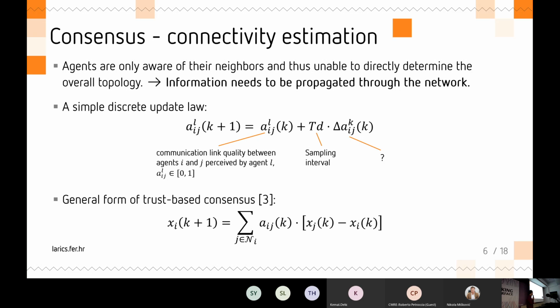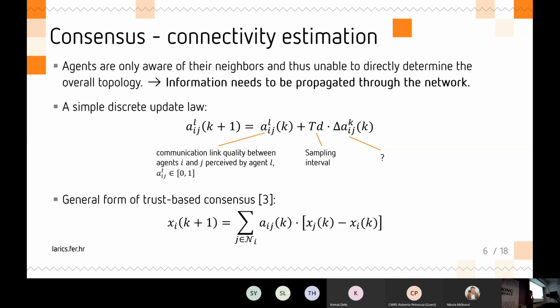value. We can start by using the general form of the trust-based consensus, which we developed in our previous work. So we can see here that we have the state of the current agent. This could be a temperature measurement, position, or anything else. We have a communicated state from the neighboring agents, and then we have a trust of agent i towards agent j.